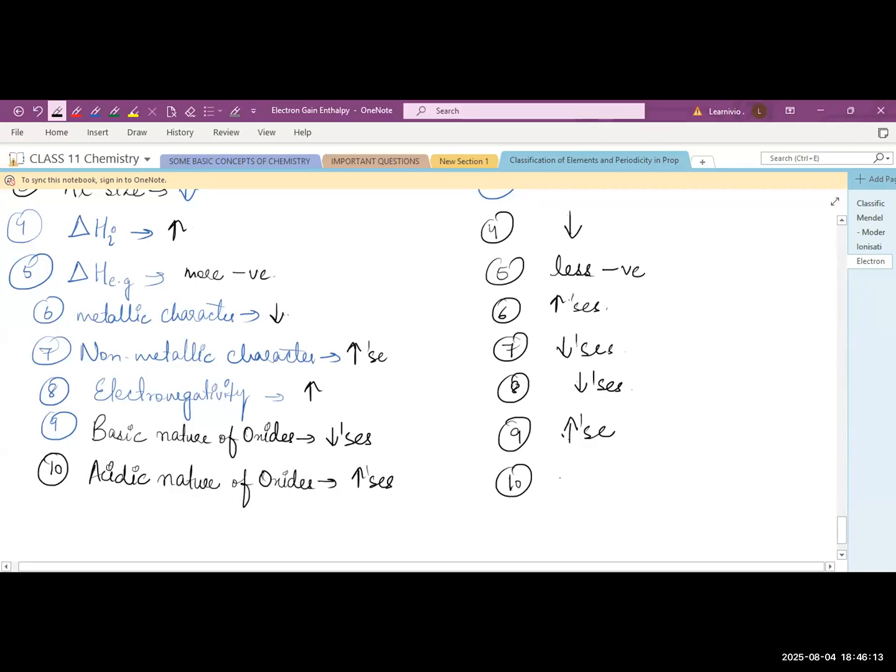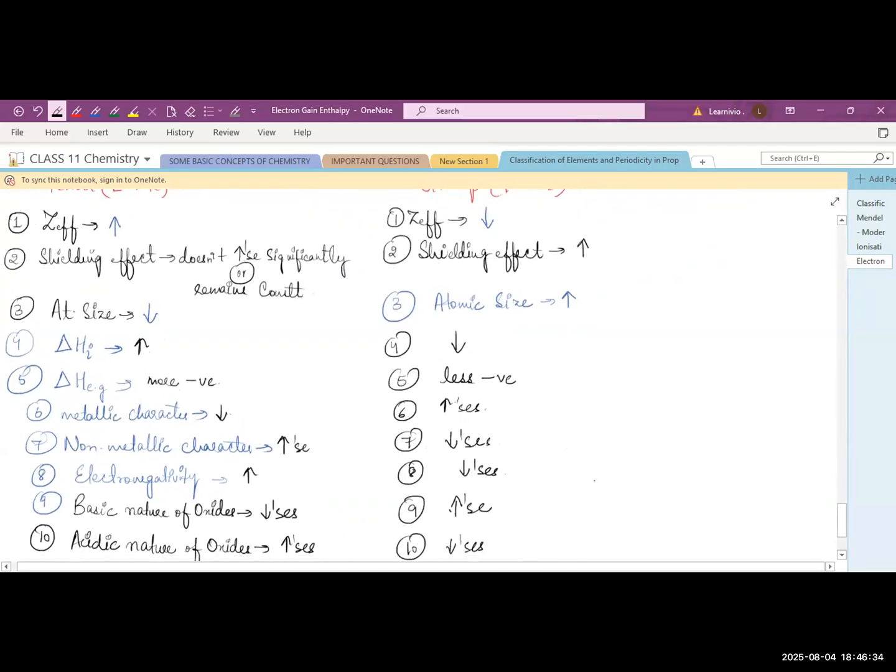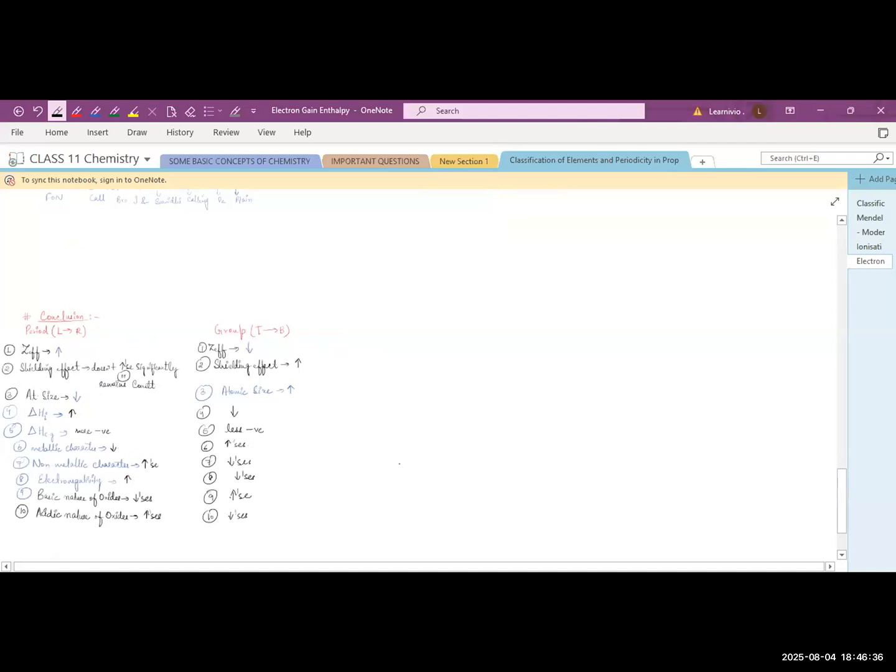And acidic in a group, it decreases. So basically, the basic nature is directly related to the metallic character, and the acidic nature is directly related to the non-metallic character. Okay, so is it okay? This table is very very important, right? Remember this.